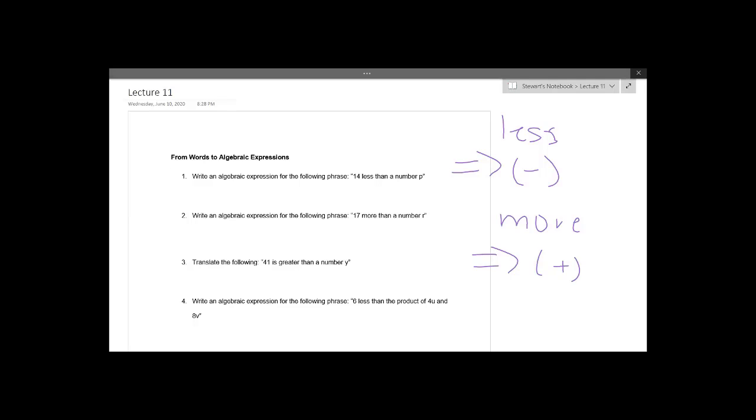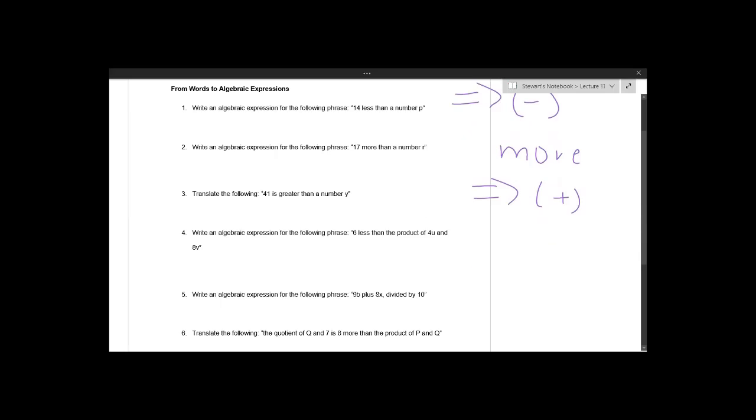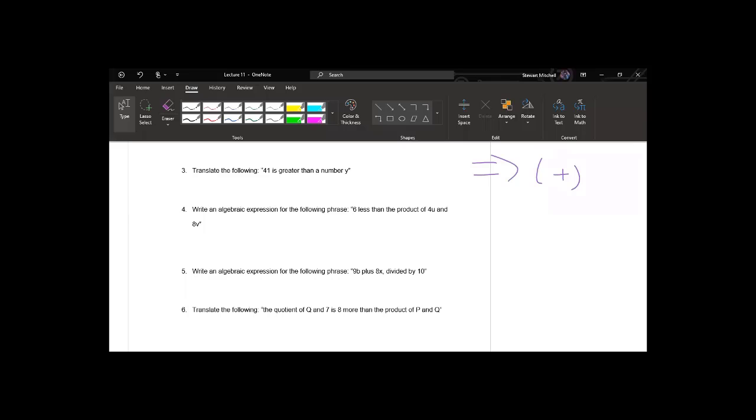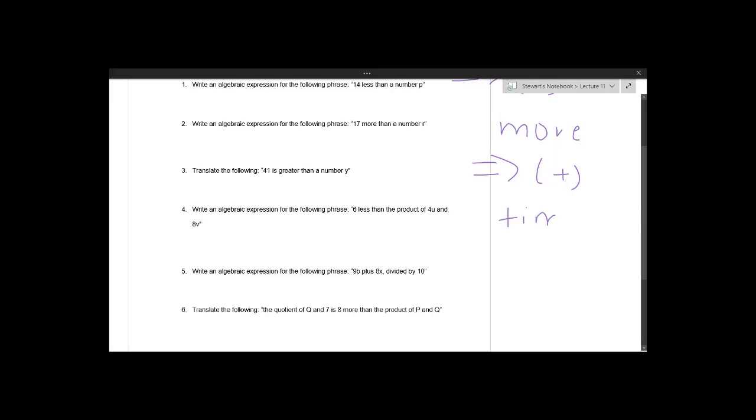The word times means multiply. It's multiplication. Division's usually explicitly stated. They'll usually say divided by.